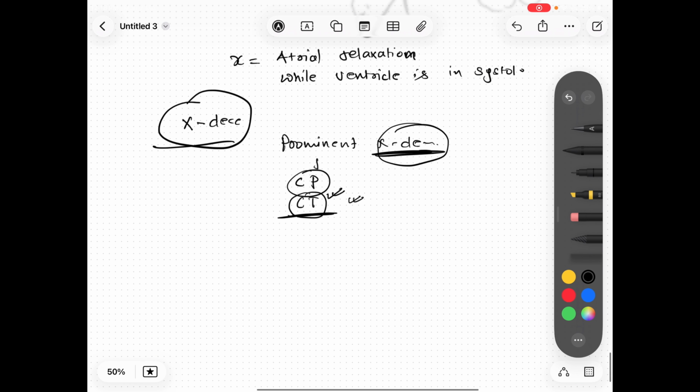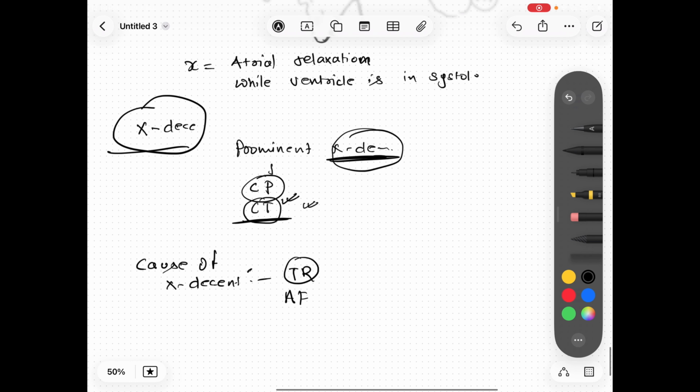Now, second is causes of blunted X descent. Causes are tricuspid regurgitation or atrial fibrillation. Why tricuspid regurgitation? Again, the same diagram. RA, RV.